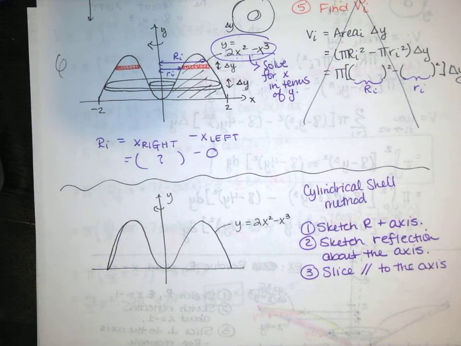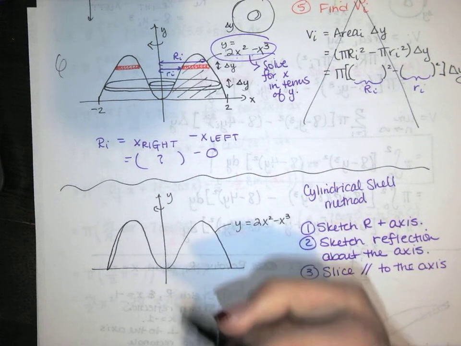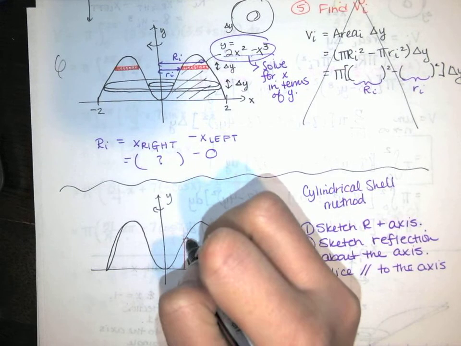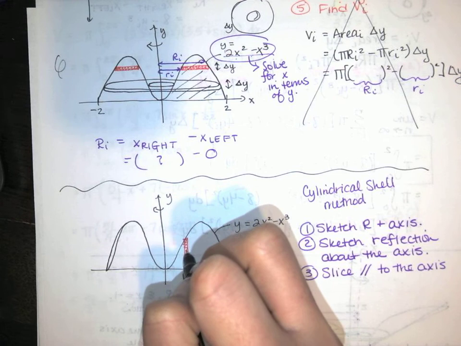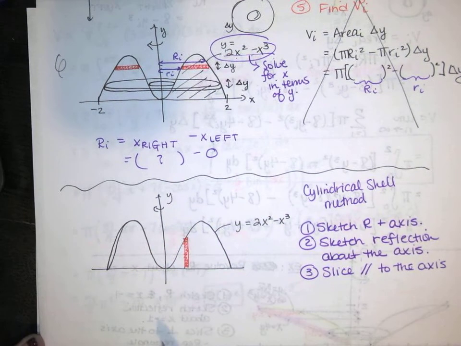And this is the key. You're taking this and slicing this way instead. So our axis was vertical, now our representative rectangles are also vertical.